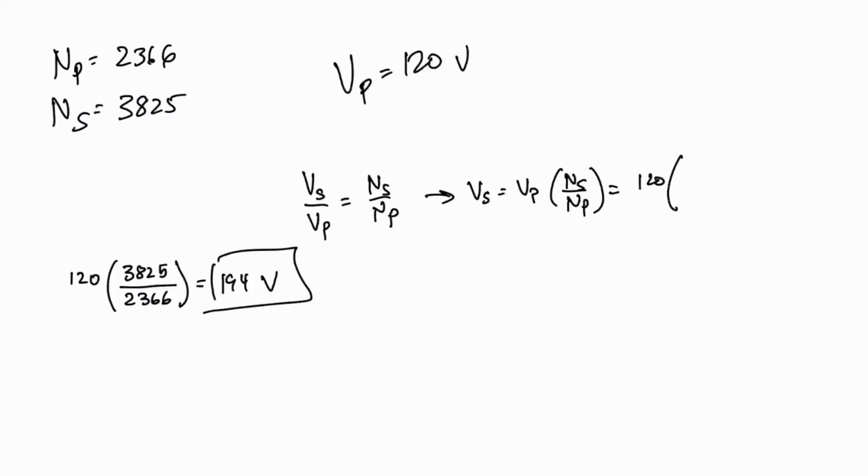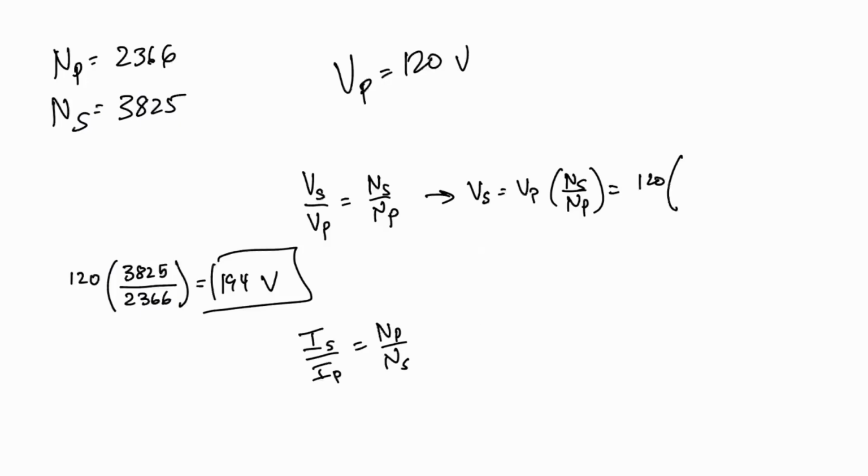Now how do we figure out the current in the secondary? It's the inverse, right? Your book writes current in the secondary over current in the primary is equal to number of turns in the primary over number of turns in the secondary. See how that ratio is flipped?